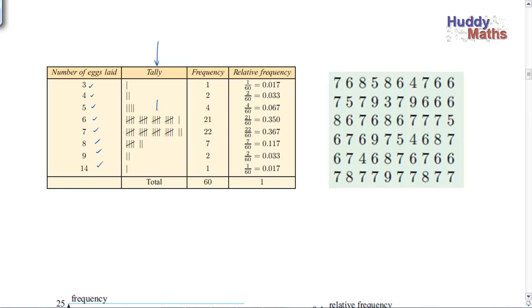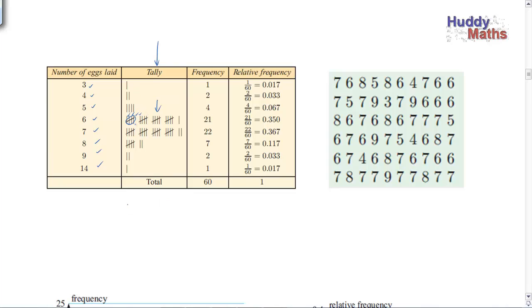Let's look at down here, the tally column. So when we find a hen that's laid 6 eggs, we put a stroke there. And then another stroke, another stroke, another stroke, 4. But the 5th one we lay down so that each bundle of 5 is easy to count up. Because otherwise you'd have a lot of these at the end, wouldn't you? That's too hard to count. So every time we get a 5th one, we lay it down and make a bundle of 5.